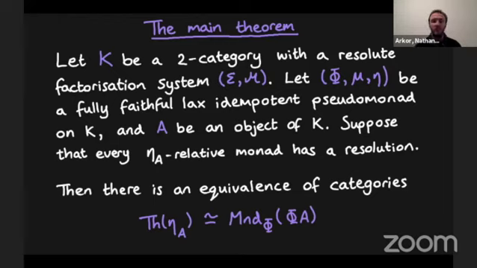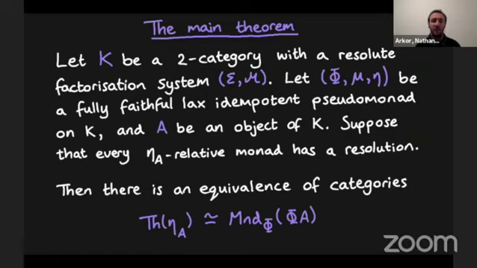Now, the setting we're going to be working in is this, and I'm going to state the main theorem, and then I'm going to deconstruct the assumptions that we have and the definitions. But this will give you an example to keep in mind. So we're going to let K be a 2-category with a factorization system, which we call resolute. And I'll explain what resolute means in just a moment. And we're going to let Φ be a fully faithful lax idempotent pseudomonad on K. And this intuitively acts as a co-completion pseudomonad.